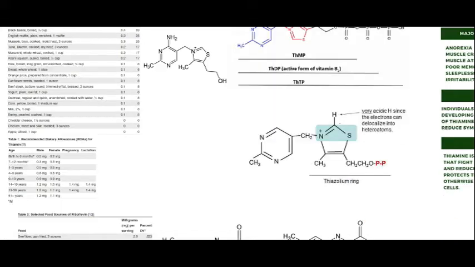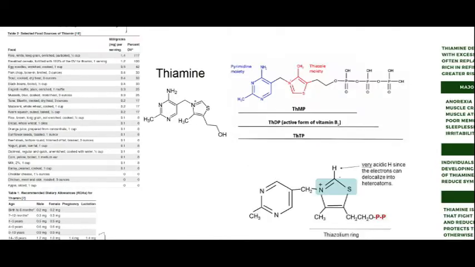And so down here, the recommended daily allowance. So it's for different age groups and for males and females. So if you're watching this video, I would assume you are probably in this group up here. And so about 1.0 to 1.2 milligrams per day is the RDA for this.